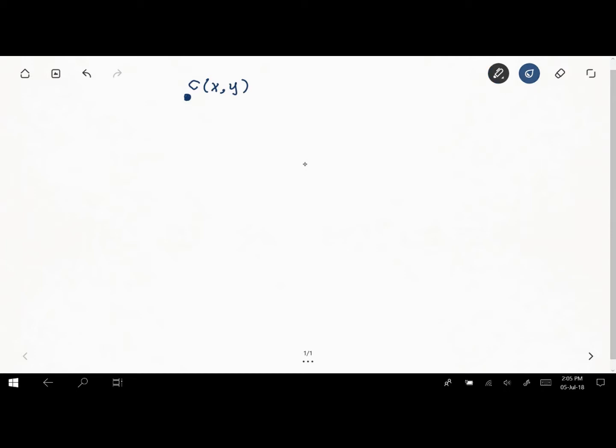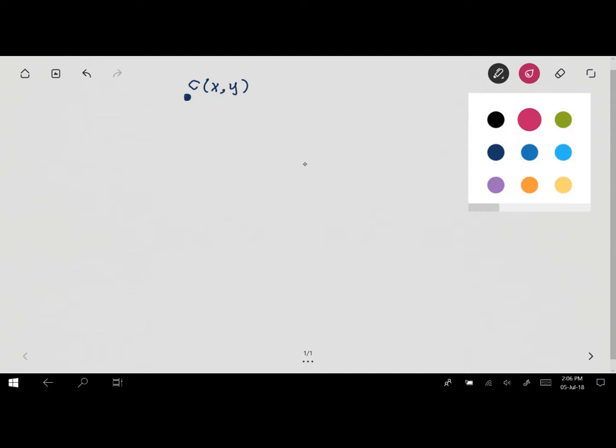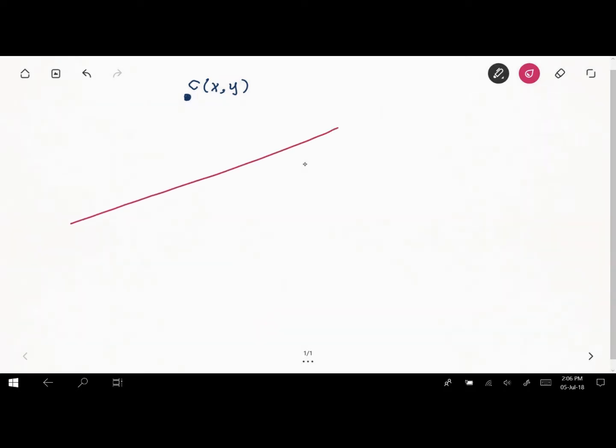Next I have a line. The line has a point A having the coordinate x1, y1, and a point B here having the coordinate x2, y2.